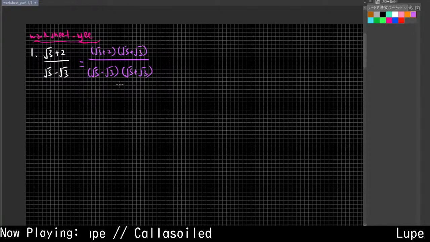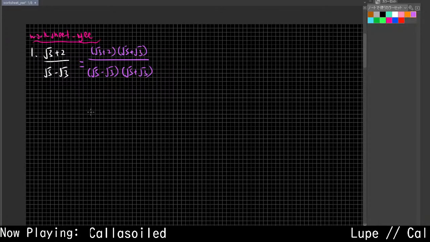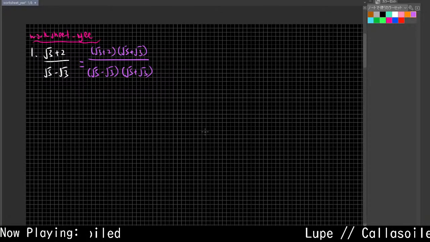Okay. Then you expand. So where is the green line supposed to be?